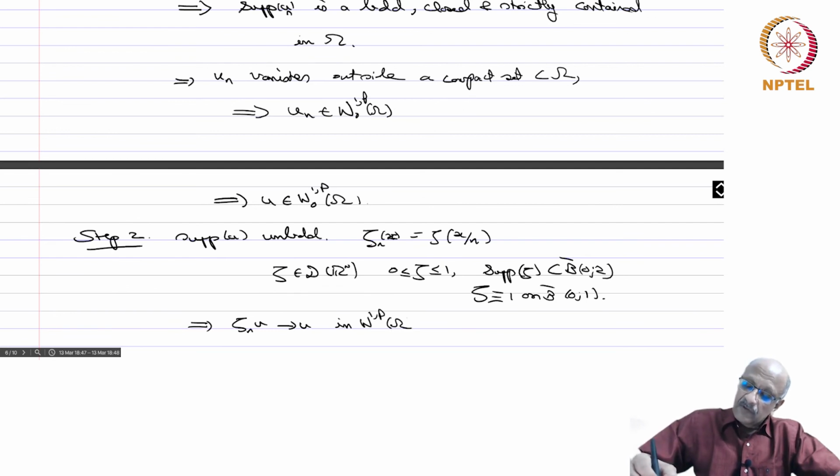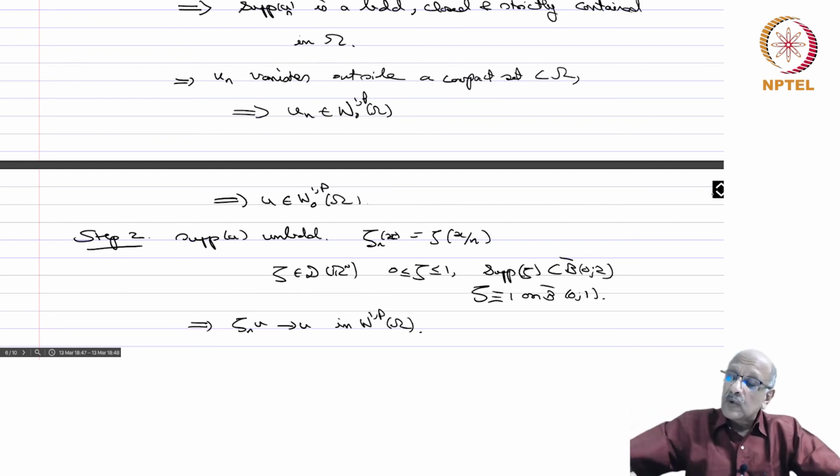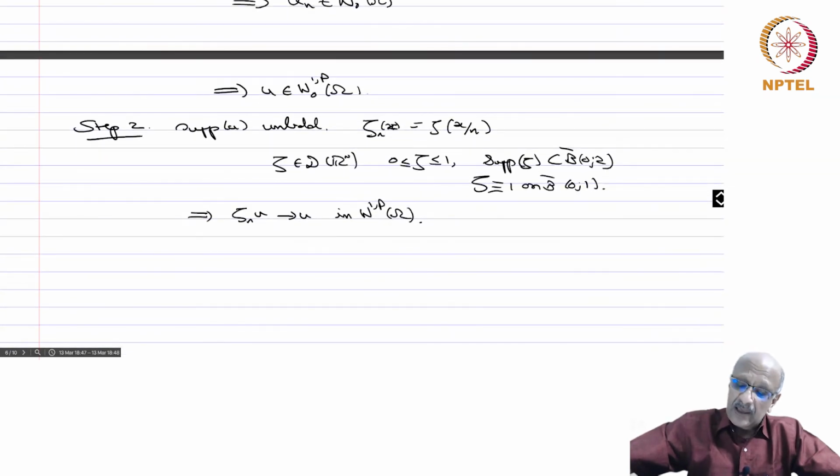This is the very first theorem where we proved that W1p Rn is the same as W1p0 Rn. We first convolved, then multiplied by zeta. The convolution gave you a sequence which was C infinity and which converged in W1p. Multiplying by this cutoff function gave you a C infinity function with compact support which goes to u.